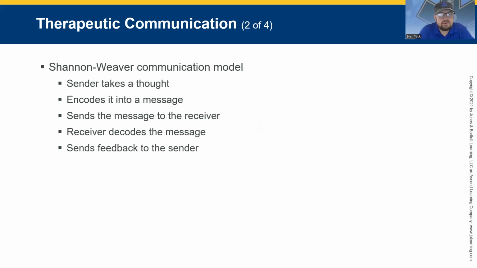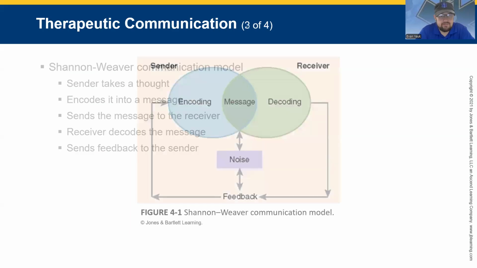So the Shannon-Weaver communication model: the sender encodes it into a message, sends the message to the receiver, the receiver decodes the message and sends feedback to the sender. There's a whole lot there.